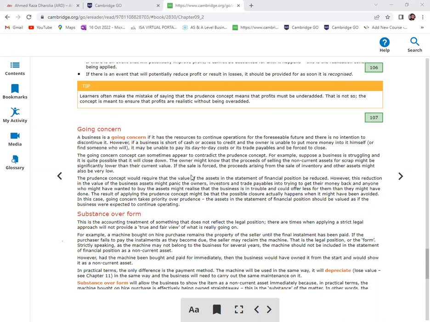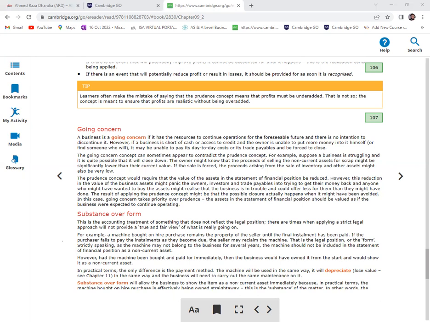If a business has a history of continued losses, we can say that for 5 years this business has been making losses, owner's equity is very low, and the liabilities are very high.